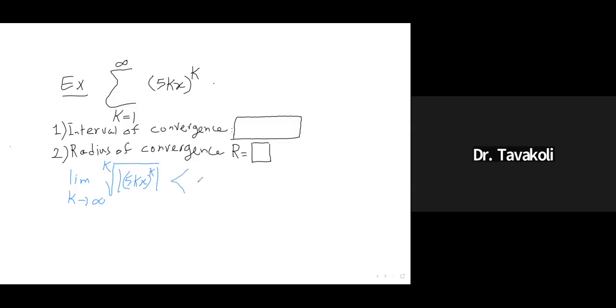If this happens to be less than 1, it guarantees that the power series is convergent. For the x's that satisfy this inequality, for sure the power series is convergent. If it is more than 1, it is definitely divergent. Okay, but let's see for which x's this is going to be less than 1.